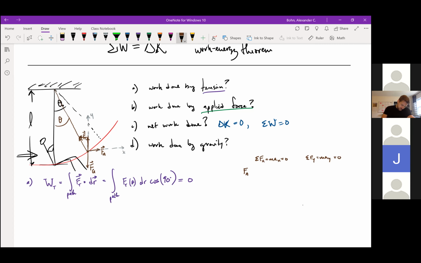The angle theta, let's see, alternate interior is this angle. So the horizontal component is opposite, and that's sine. Oh, wait a minute. Applied force, that's just horizontal.